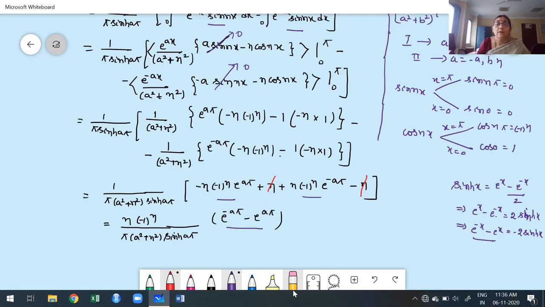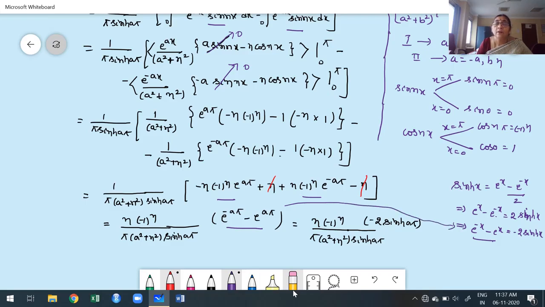This can also be written as n into minus 1 to the power of n divided by pi into a square plus n square into sine hyperbolic of a pi, which is actually minus 2 sine hyperbolic of a pi. You compare from this to this.